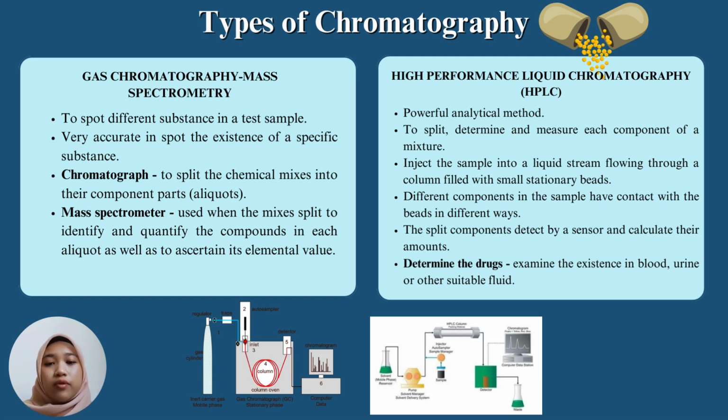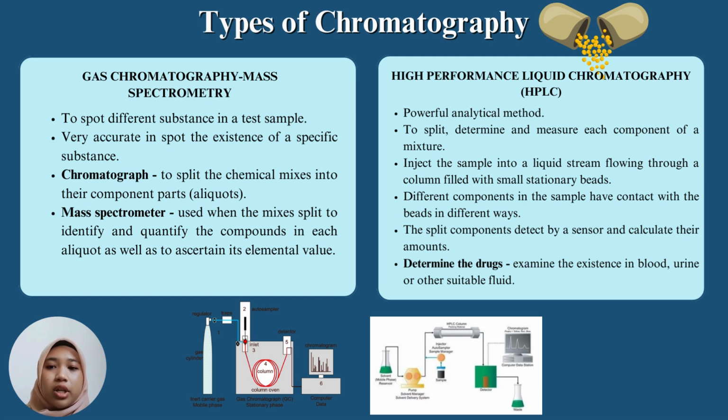This method uses two devices, which are the gas chromatograph and the mass spectrometer. The chromatograph is used to split or break down the chemical mixtures into their component parts, called aliquots. Once the mixtures are separated, the mass spectrometer works to identify and quantify the compounds in each aliquot to ascertain its element value.